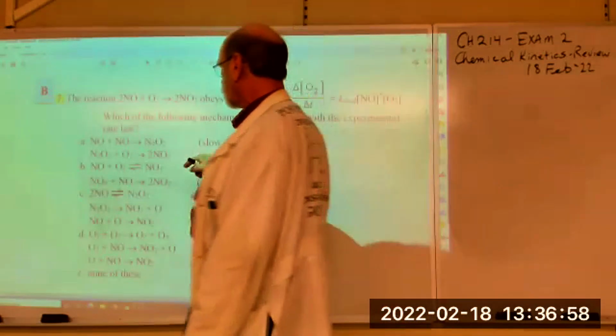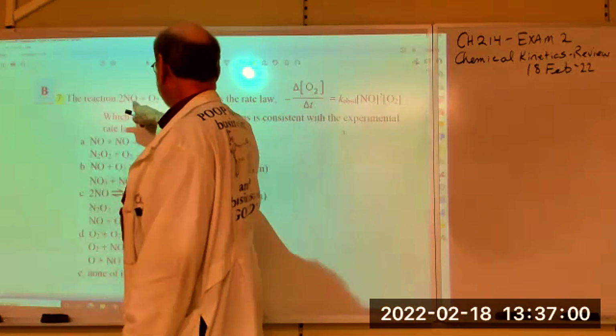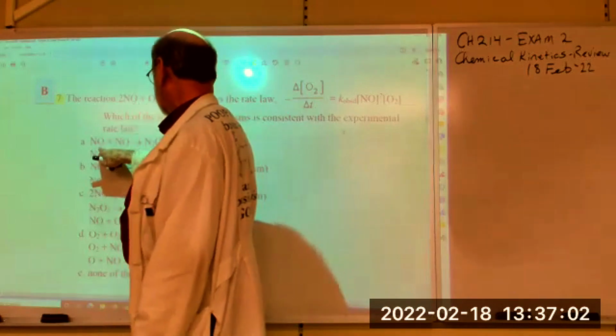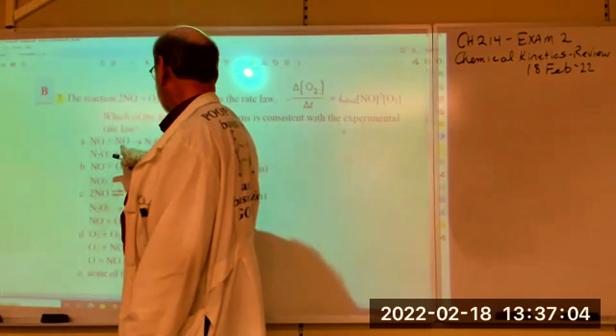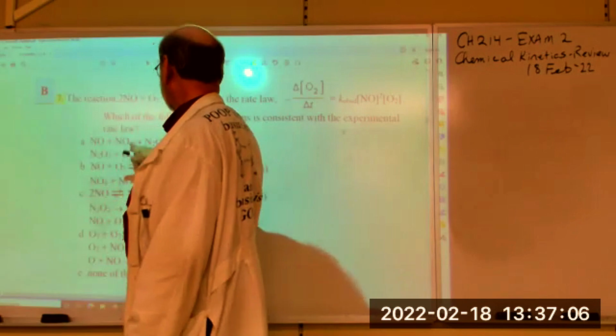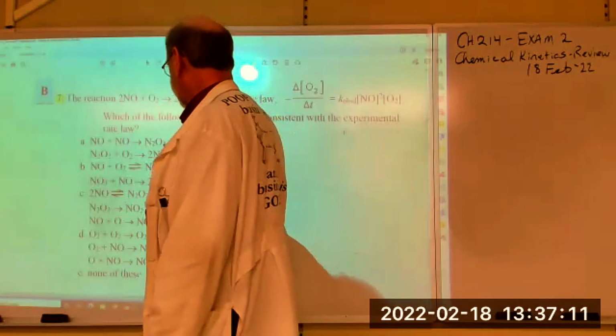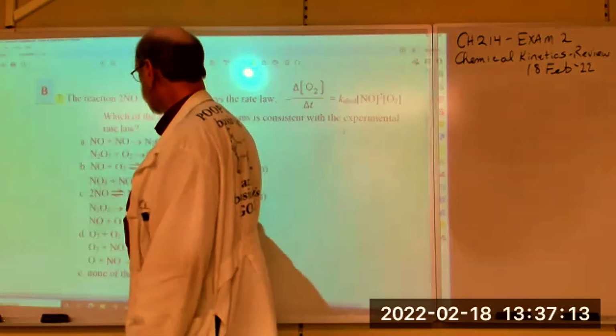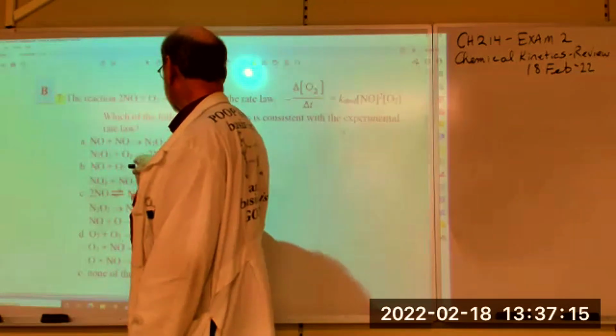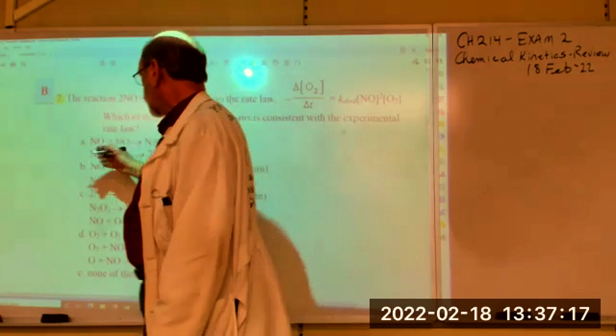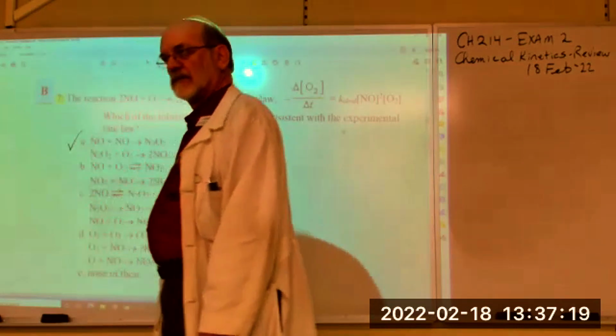There's two NOs. Okay, that one's good. This is an intermediate, so it's produced here and used up here. One oxygen yields 2 NO2. So this one meets the first condition.